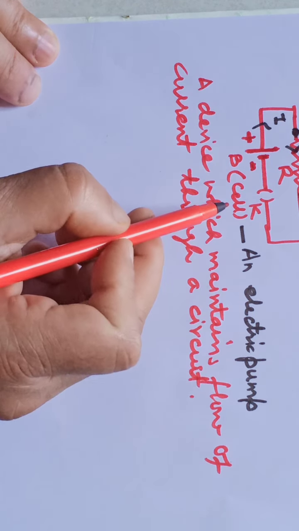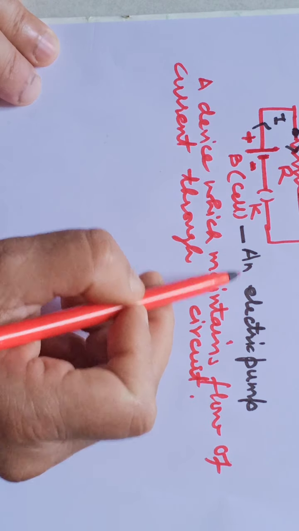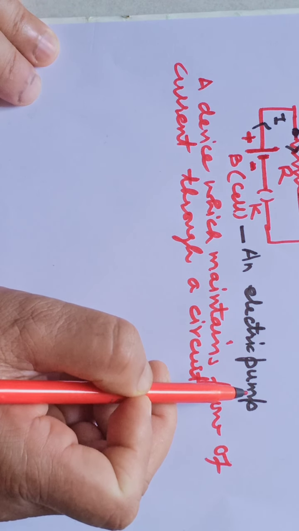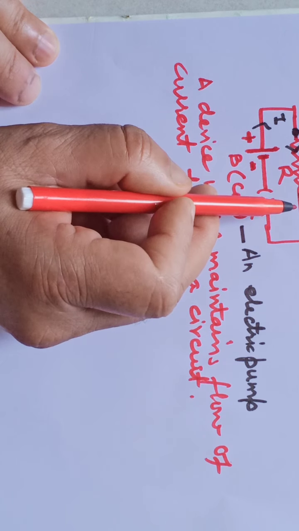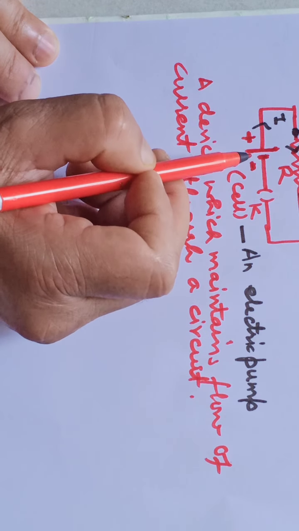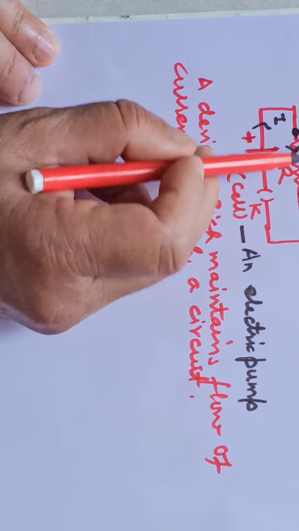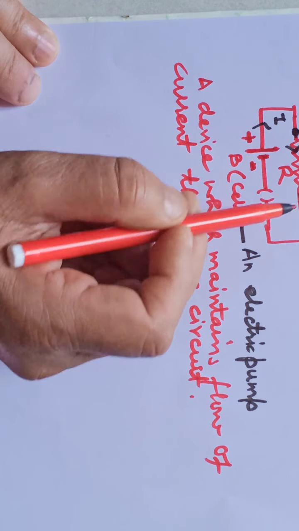So the action of a cell is just like an electric pump. It pumps charges from lower potential to higher potential and maintain the potential difference across the resistance.